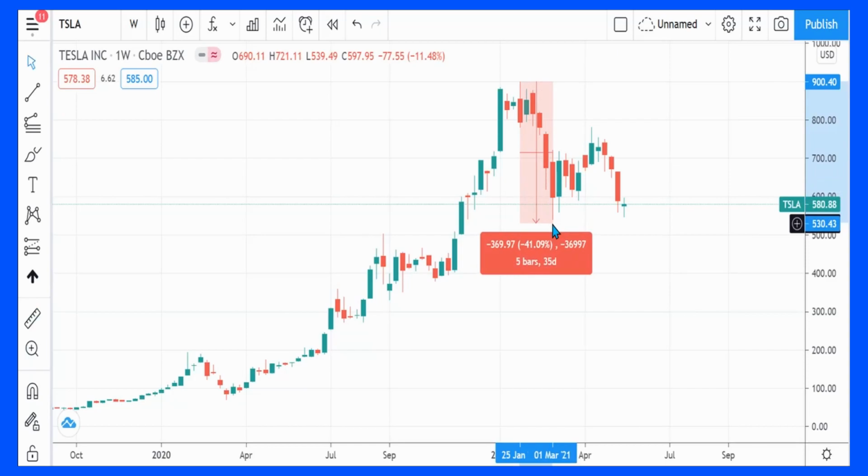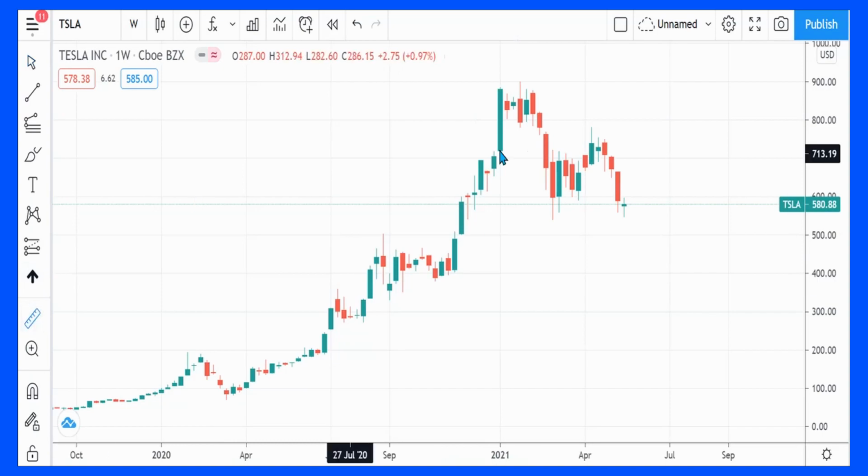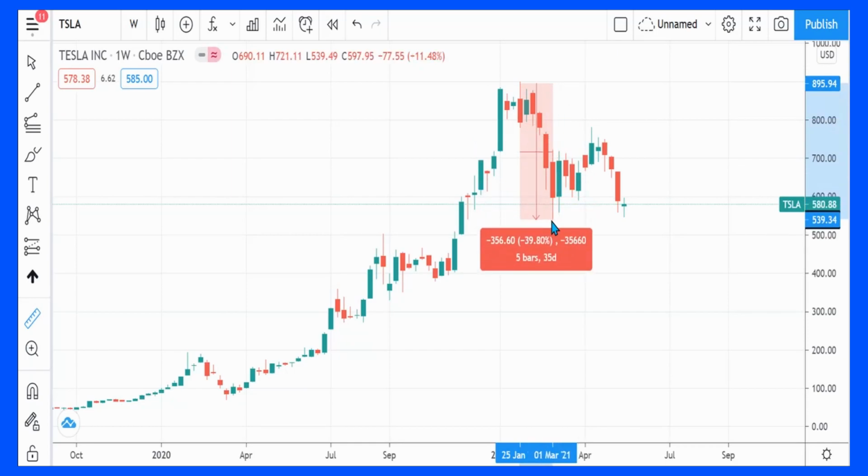Now what we are trying to do is analyze the sentiment of the buyers and the sellers, right? When the price is moving down, it's the sellers, because they are selling the shares at a very fast pace, so the price is falling down.